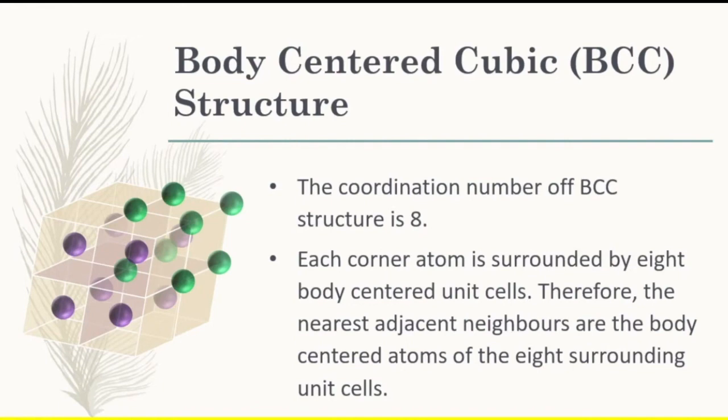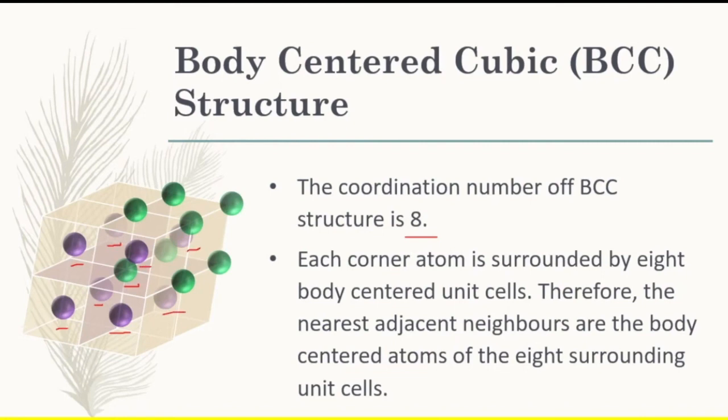The coordination number is 8. As we can see here, for the central atom there are 8 body center atoms close to this atom. So 1, 2, 3, 4, 5, 6, 7, and 8.